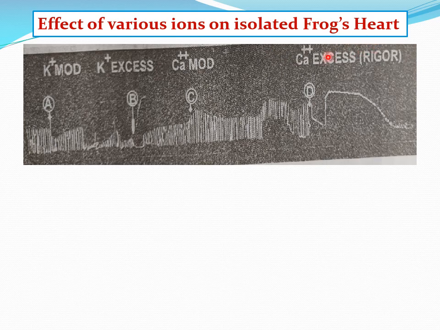So if you compare with the previous practicals or graphs, in this demonstration we use the word isolated. What is the meaning of isolated? Here the isolated frog's heart, so we have to isolate it. During the dissection we take the heart away from the body, detach it from the body and cannulate the heart.